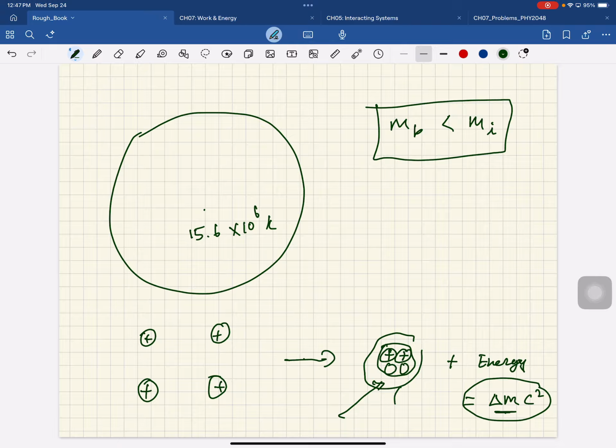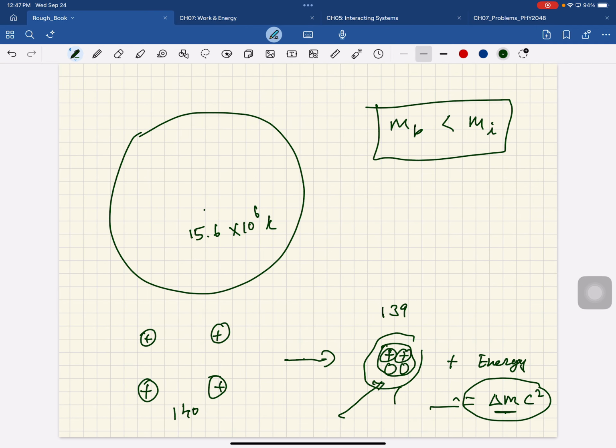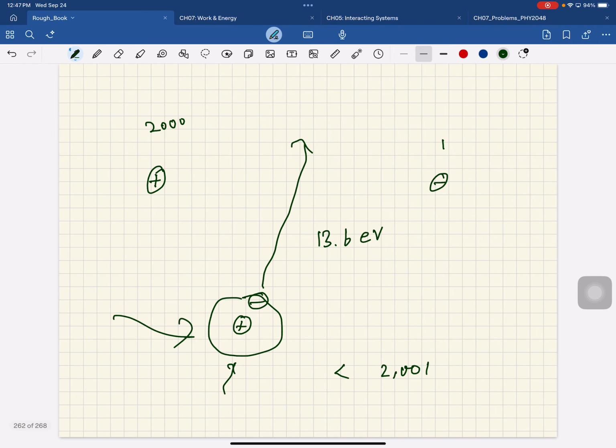Okay? So in the sun, if this guy weighs 140 units, this guy weighs 139 units. Okay, so roughly 1% of the mass in each reaction is converted to energy in the fusion reaction. And this energy is released as gamma radiation and stuff like that, mostly.